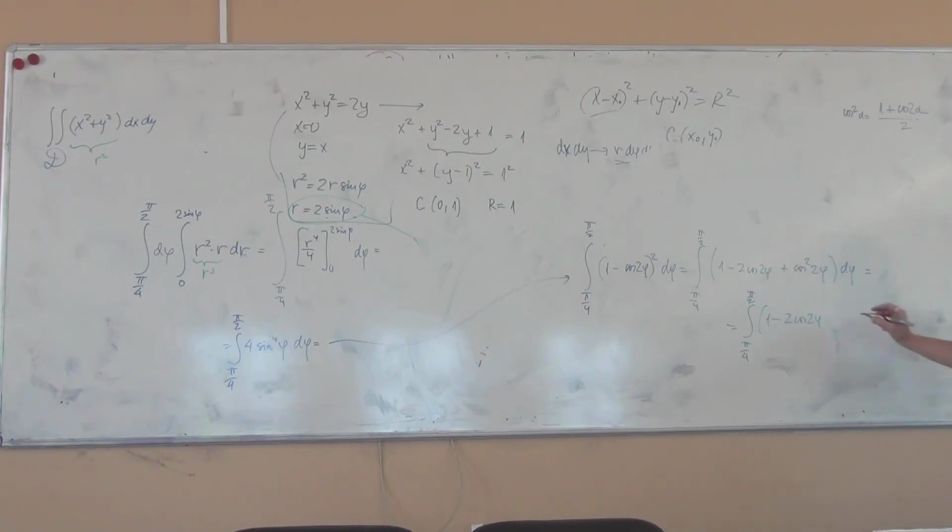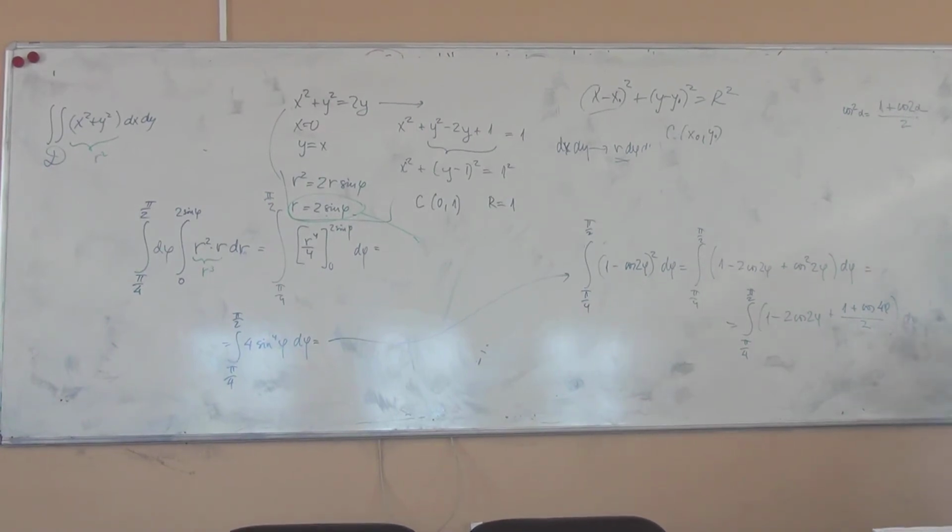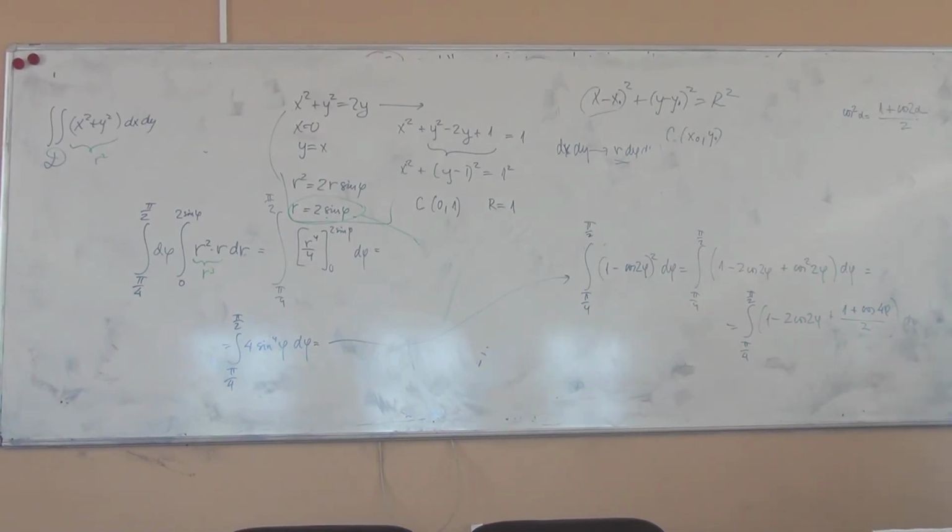I will integrate this. Plus now this, using this formula, this will be 4 phi because instead of alpha I have 2 phi. So it's 1 plus cosine of 4 phi over 2 d phi. Now these are all possible to integrate. I can go this way now.